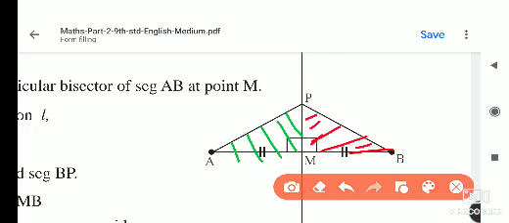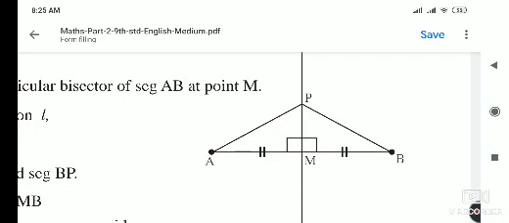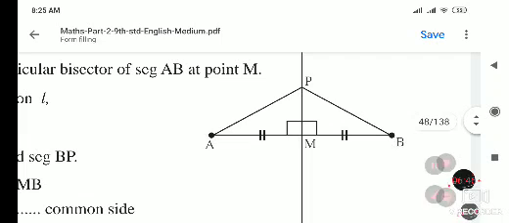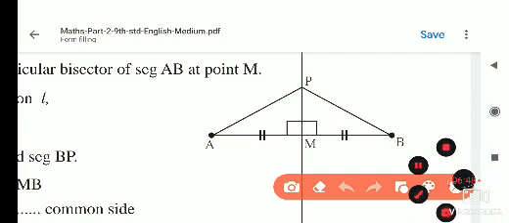These triangles are formed because of joining AP and PB. Now if we are able to prove these two triangles are congruent to each other, then by CSCT we can show that PA is equal to PB. So pause the video and think for a minute how we can show these two triangles are congruent.